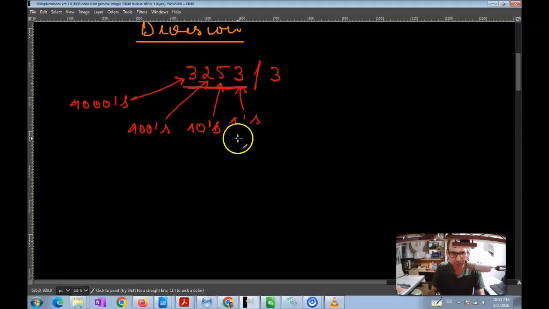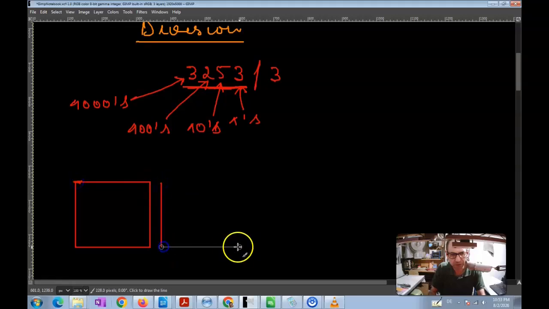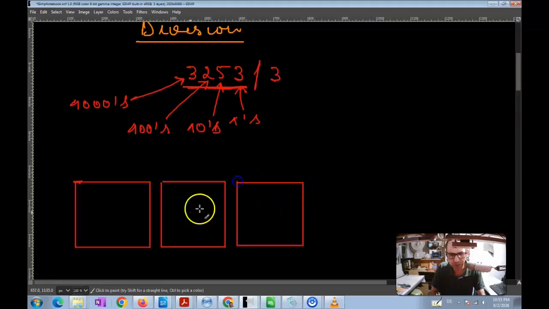Now if I want to use the block model to depict this number, let's say that this is one group of 1,000, another group of 1,000, and another group of 1,000. So that's 3 groups of thousands.